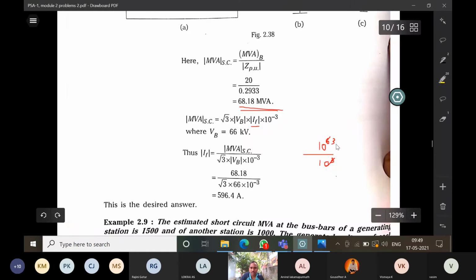So in numerator 10 raised to 3 means in denominator it will become 10 raised to minus 3, or you can write it as 68.18 into 10 raised to 3 divided by root 3 into 66, because M means 10 raised to 6, K means 10 raised to 3. So finally you will get IF is equal to 596.4 ampere.